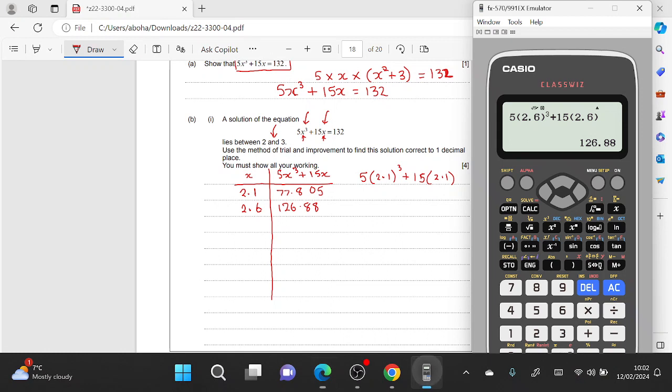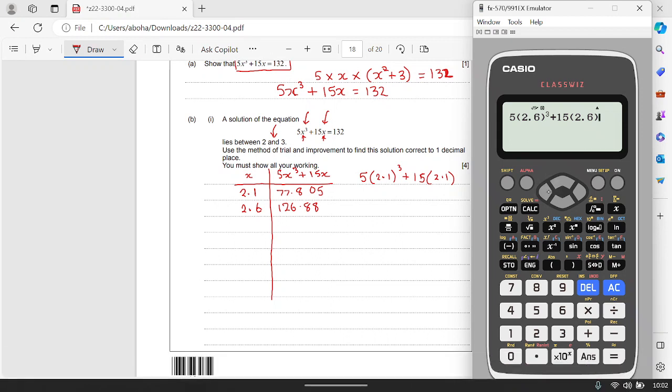But now what I'm going to do is move the cursor like that and change that to a 7. Delete, change that to a 7. 138.915.